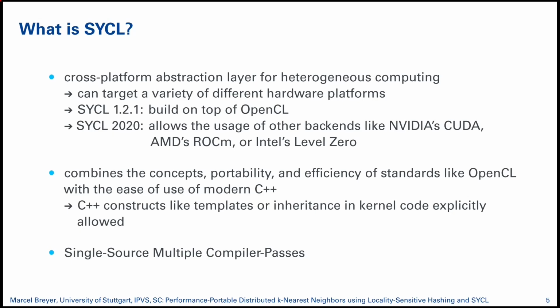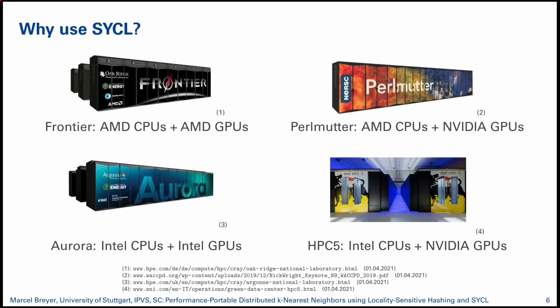But why would you need something like SYCL? For example, here we have 4 supercomputers. AMD's Frontier supercomputer will consist of AMD CPUs and AMD GPUs. Perlmutter will consist of AMD CPUs and nvidia GPUs, while Intel's supercomputer Aurora will consist of Intel CPUs and Intel GPUs, and the HPC5 supercomputer consists of Intel CPUs and nvidia GPUs.